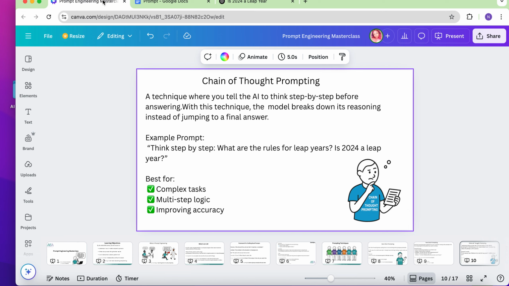It also connects back to our prompt framework, where the ask part can include how you want the answer delivered. So the ask part here will be: walk me through your thinking, think step by step. All right, so that's chain of thought prompting, a technique where you tell the AI to think step by step before answering.